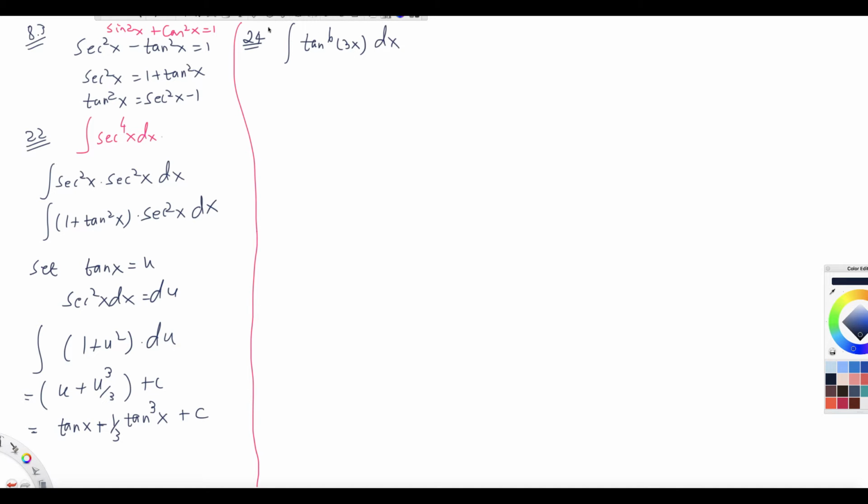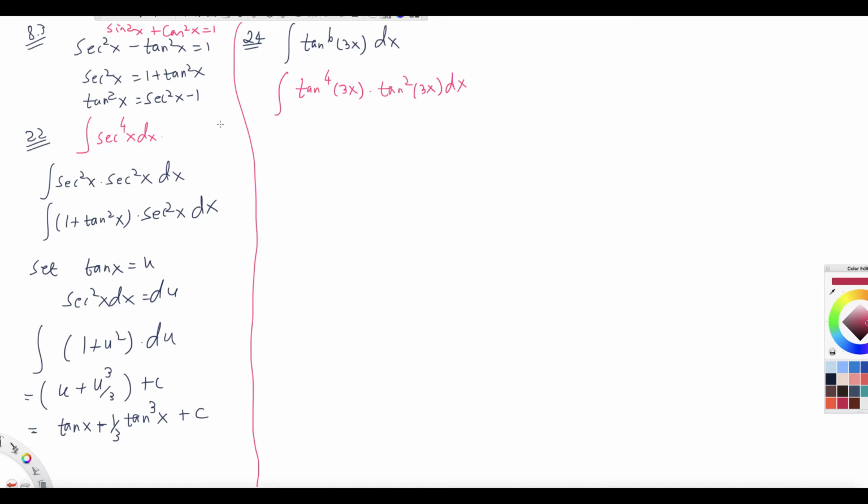Okay, for the tangent, how would you break that tangent into two terms? The idea here is, let us break this into tangent 4 3x times tangent square 3x dx. Let's do it this way.